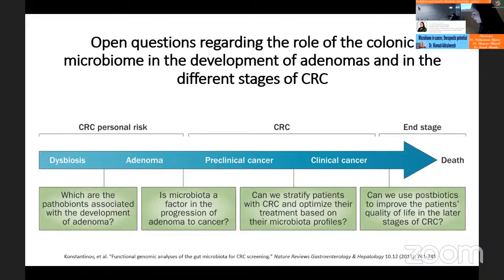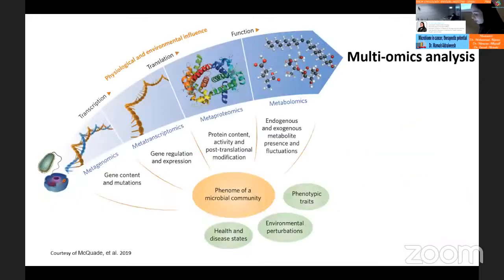So how can we answer these questions? We can answer these questions by using the multi-omics approach, or multi-omics analysis, which includes analyzing high-dimensional biological data from the microbiome sample, its environment, or from the host.